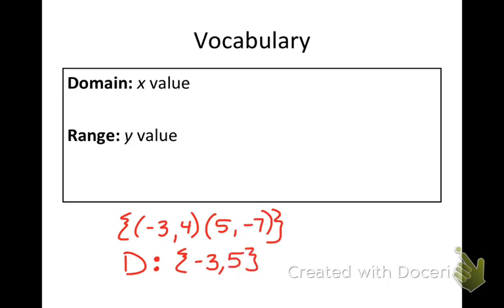So the set of -3 and 5. What would be my range? Yeah, and just go smallest to largest. So list the -7 first, and then 4. Did I say domain or did I say range? My domain is -3 and 5. My range is the set of -7 and 4.